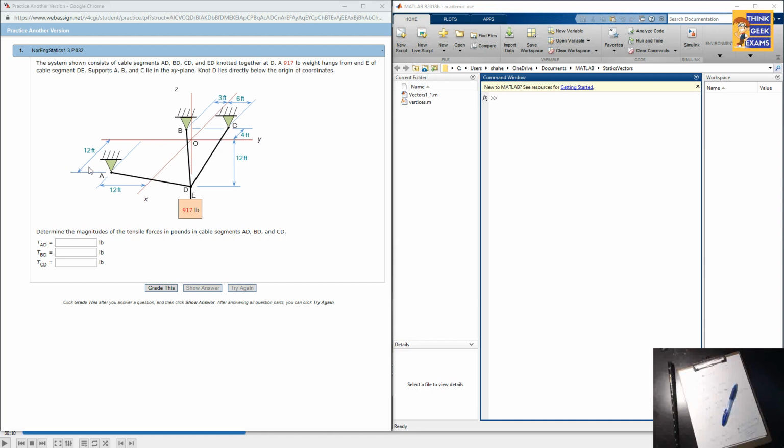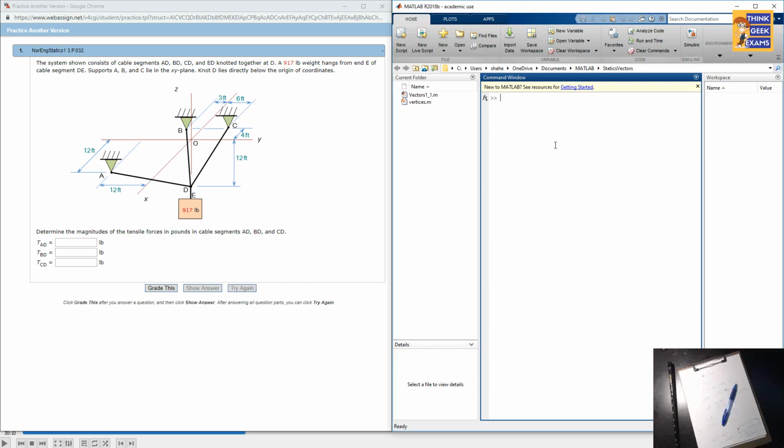Basically the coordinates are not given, but their distances are. The dimensions are given from the origin using these lines, and also there's a point D at which the cables are tied, and there's a 917-pound weight connected to D.